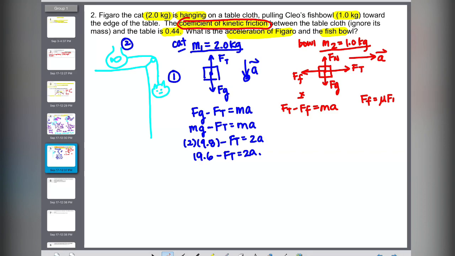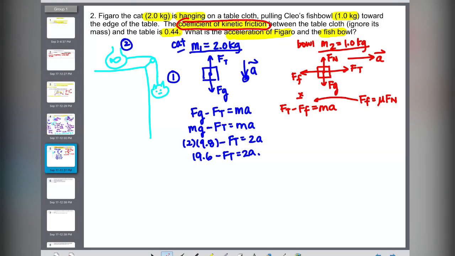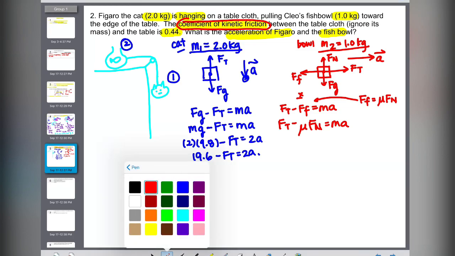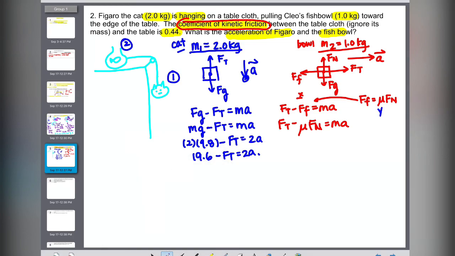I know that Ff equals mu times Fn, which goes into the Ff, so Ft minus mu Fn equals Ma. I don't know what Fn is, but I can find Fn by doing the y direction, kind of similar to what we were doing in the last question.